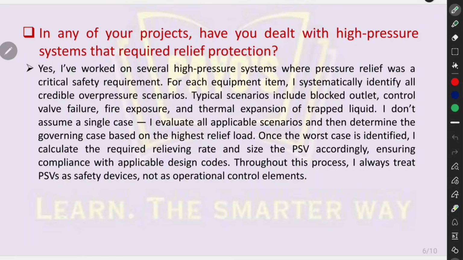I evaluate all applicable scenarios and then determine the governing case based on highest relief load. Once the worst case is identified, I calculate the required relieving rate and size of PSV accordingly, ensuring compliance with applicable design codes. Throughout this process, I always treat PSVs as safety device, not as operational control elements.